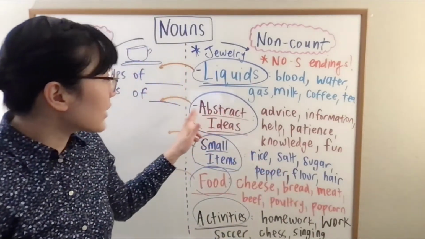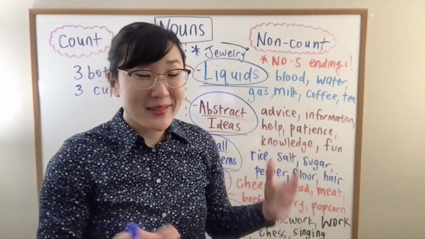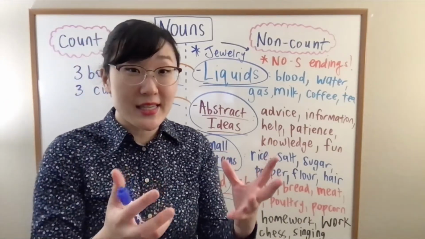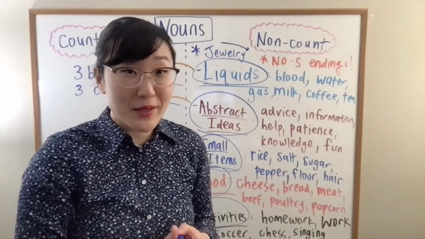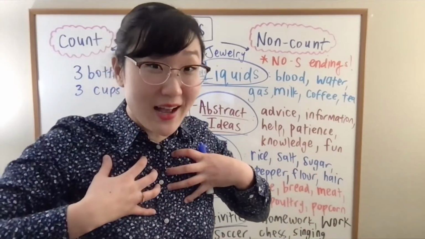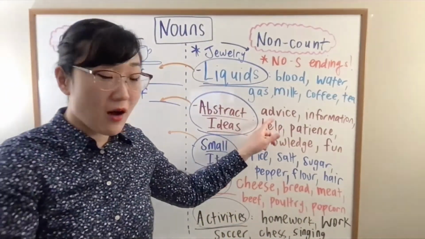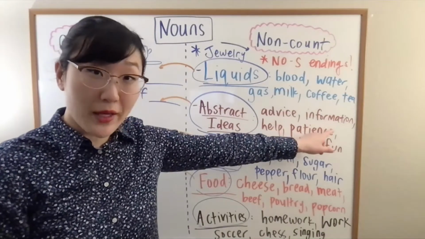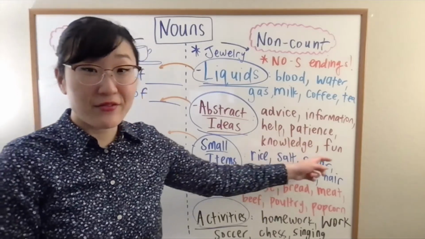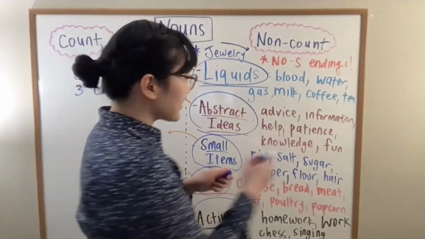Now, another category is called abstract ideas. What does that mean? Abstract ideas are what we have in our minds. We cannot see or feel them. For example, happiness. You cannot see happiness. It's something that you feel inside, right? So some abstract ideas that are very common are advice, information, help, patience, knowledge, and fun. Okay? So with these, let's take advice for example.